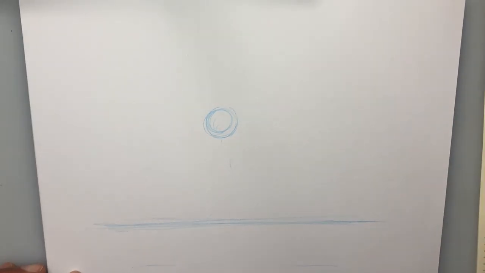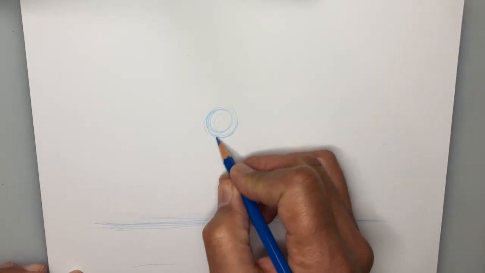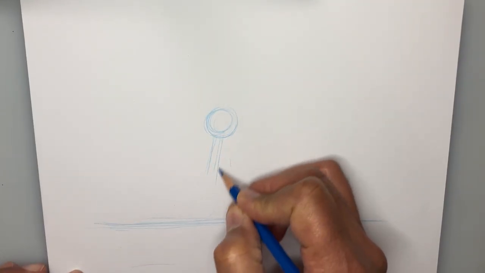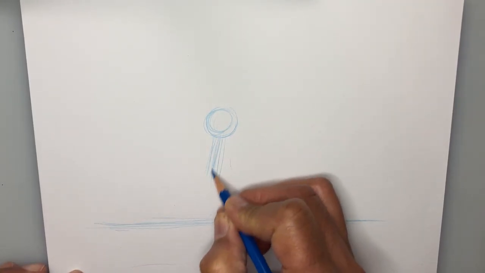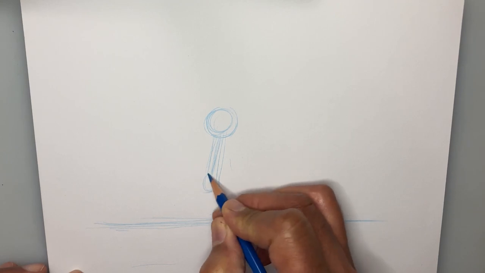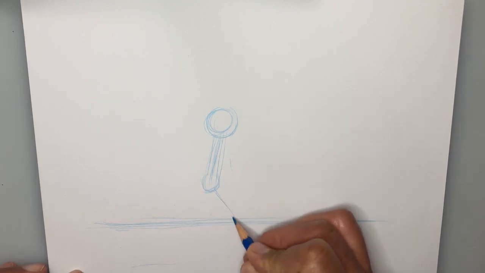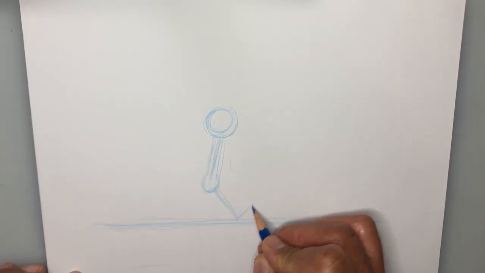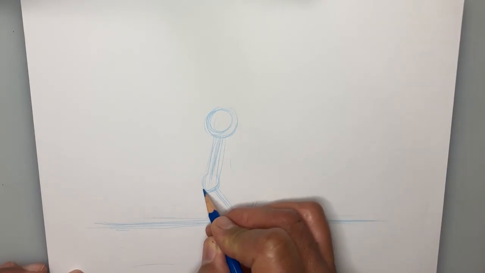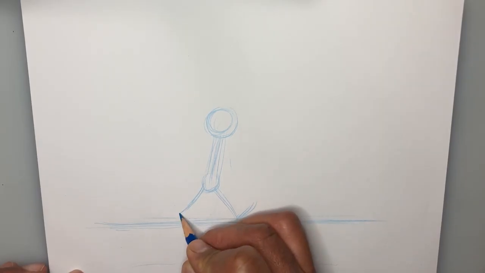We'll have him leaned forward just a little bit. And then his legs out. And this one back.